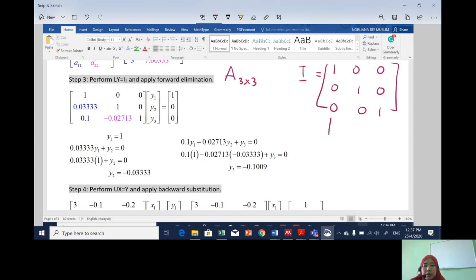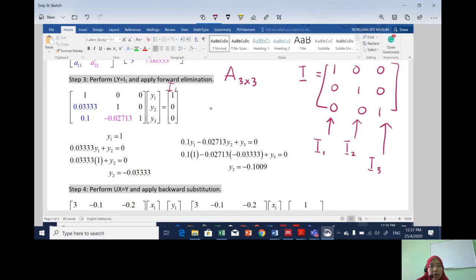This is I1, this is I2, this is I3. The 1, 2, 3 are the labels for the columns. That's why in step 3 here, this is I1, so just take it as 1, 0, 0 in this identity matrix of 3 by 3.